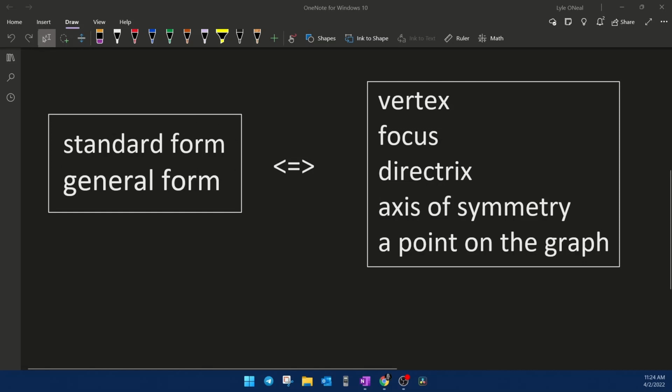Also, if you are given the equation of a parabola in either form, you may be asked to find the vertex, focus, directrix, axis of symmetry, those components of the parabola, and vice versa. If you're given a combination of these components, say the vertex and the focus, then they may ask you to find the equation of the parabola in either standard form or general form. So this is a general overview of the things you might need to know how to do when working with parabolas. And now let's look at some examples.